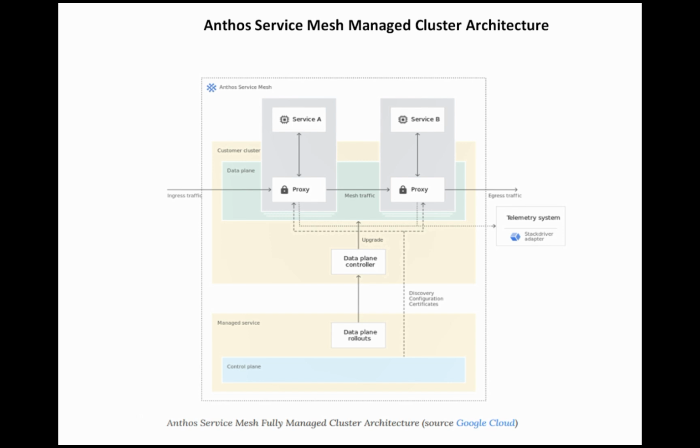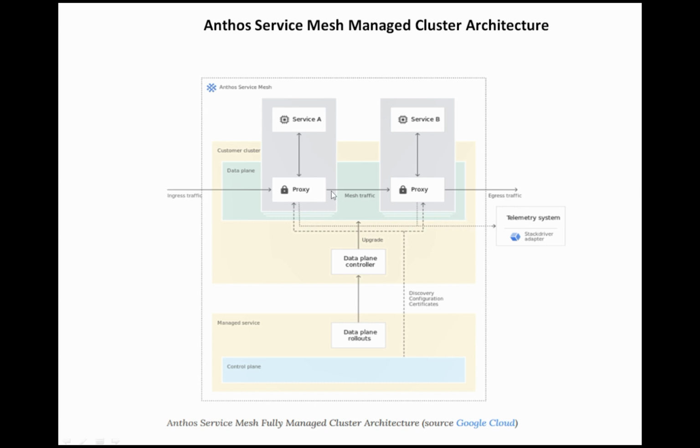In case of completely managed, as you can see in this diagram, your control plane is completely hosted and managed by Google itself, whereas your data plane sits on the customer cluster, I mean the user cluster specifically, and the architecture is very straightforward. If you know the Istio architecture, as I said, it's the same.